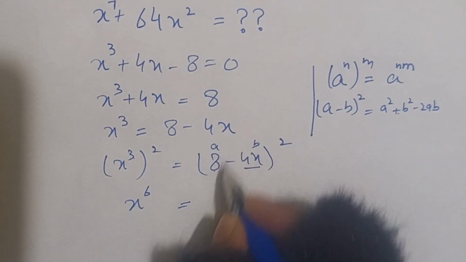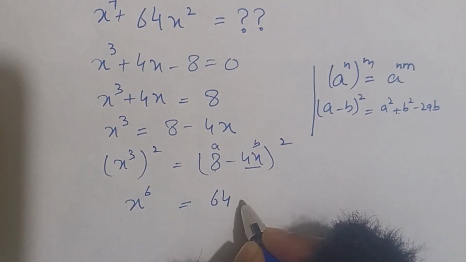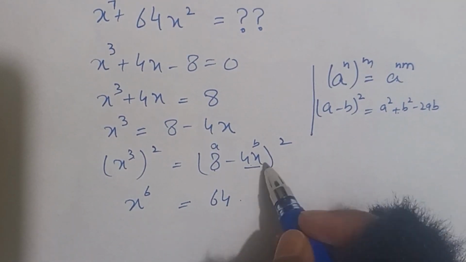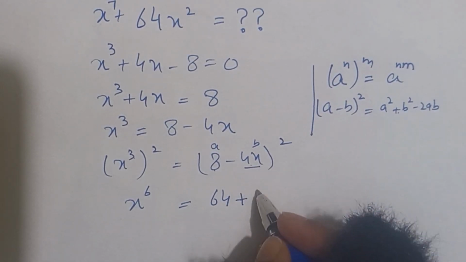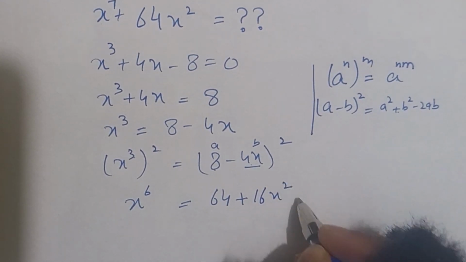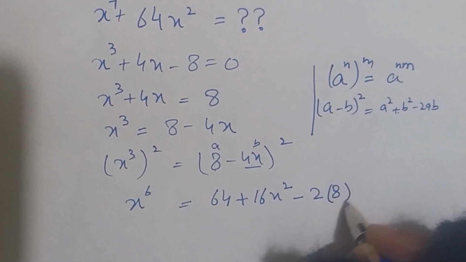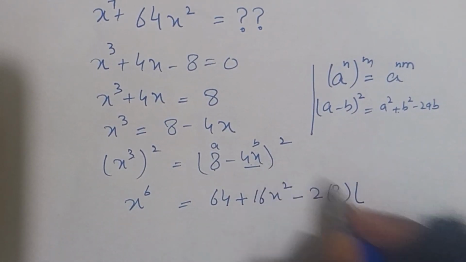So a square is 8 square, which is 64, plus b square, where b is 4x, so the square of 4x is 16x square, minus 2 times the product of a, which is 8, and b, which is 4x.